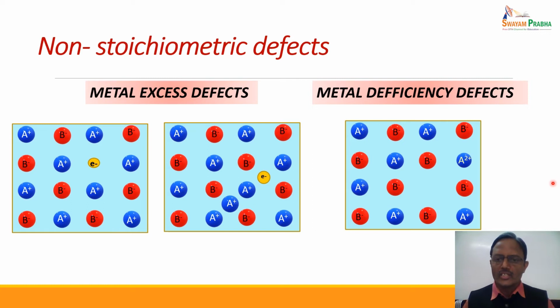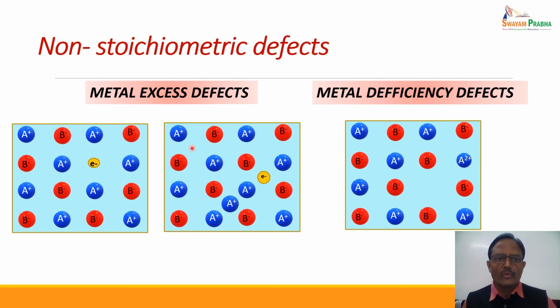Copper has a tendency to show two different oxidation states, Cu+ and Cu2+. One of the positions of Cu+ is missing and at some place there is a Cu2+. So electrical neutrality is maintained by the change in oxidation state while one metal atom is missing from its position. So this is called a metal deficiency defect.